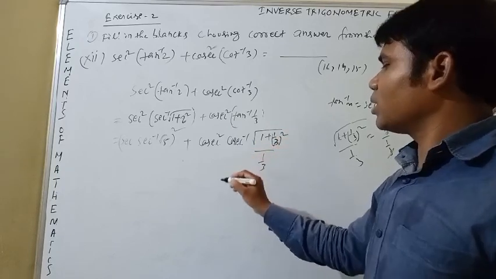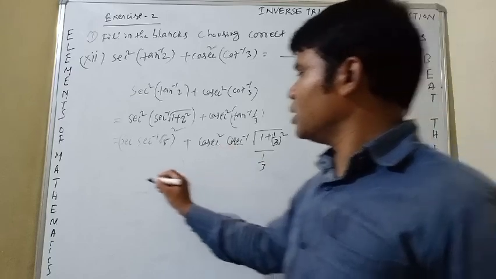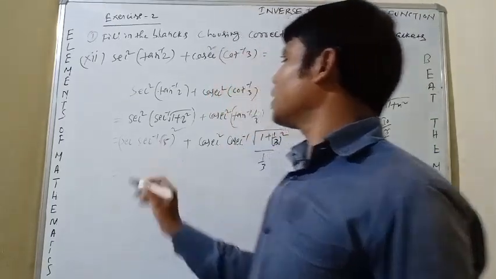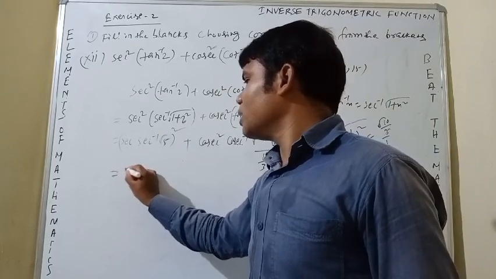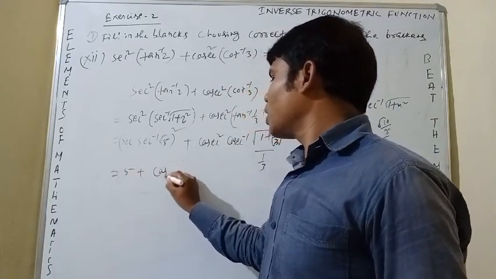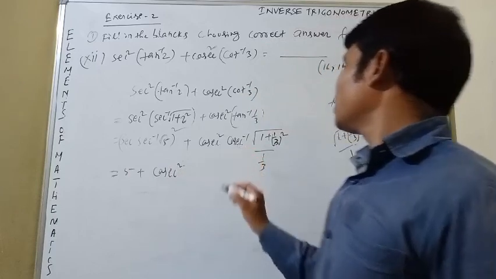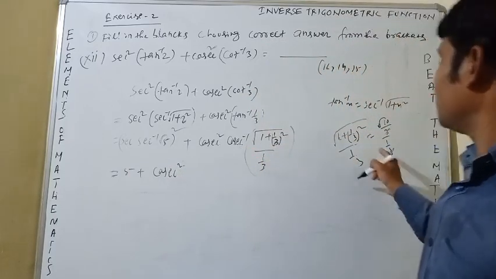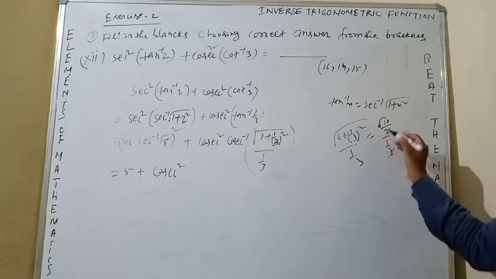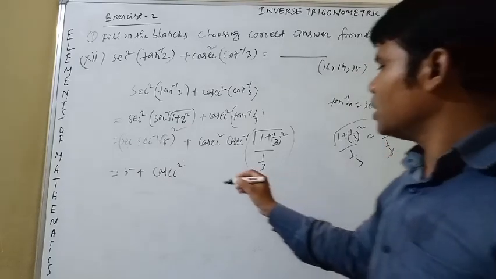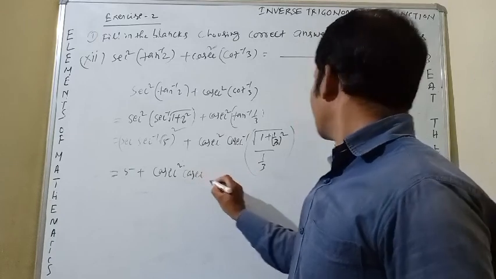You see, sec and sec inverse will cancel out, root 5 square, this is 5, plus cosec square cosec inverse. This is equal to how much? Root 10 by 3 by 1 by 3, the 3 will cancel out. This is equal to cosec inverse root 10.